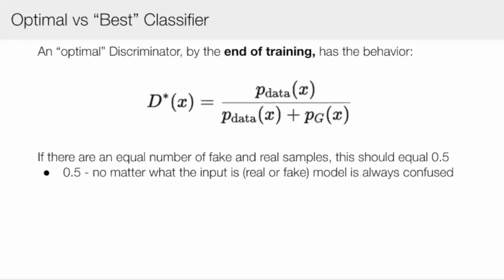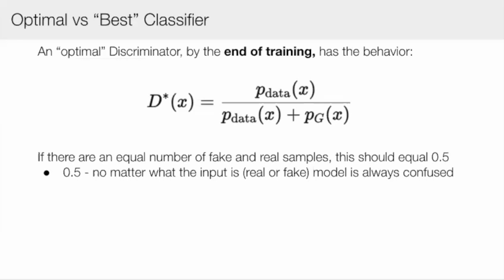So what's actually the optimal discriminator? When I say optimal, I mean optimal for training a good GAN model, for having a smart generator. What's optimal is if by the end of training, our discriminator has this behavior: the probability that x is real is just the number of real images over the total number of images.